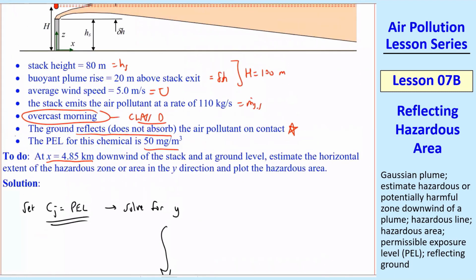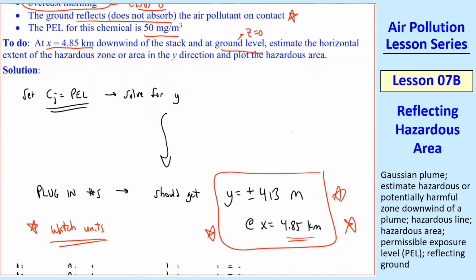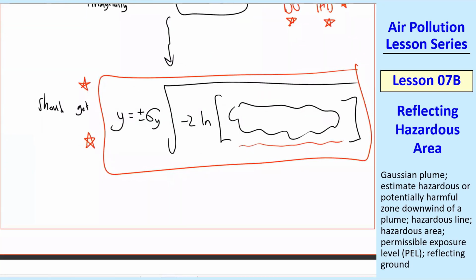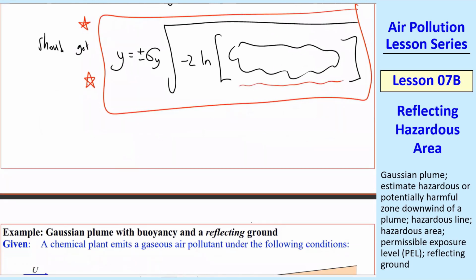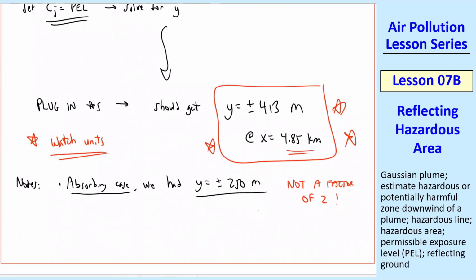Again, I don't know if I mentioned that, but we are doing this at ground level in this example, z equals 0. So you say, well, everything's just a factor of 2, so the y should be a factor of 2. Well, it's not. This big equation that you generate is not a linear equation, and it doesn't add up that way, even though the ground concentration will be a factor of 2 right at the ground, but the y will not. So it's not that simple. You have to actually do the algebra and do it.